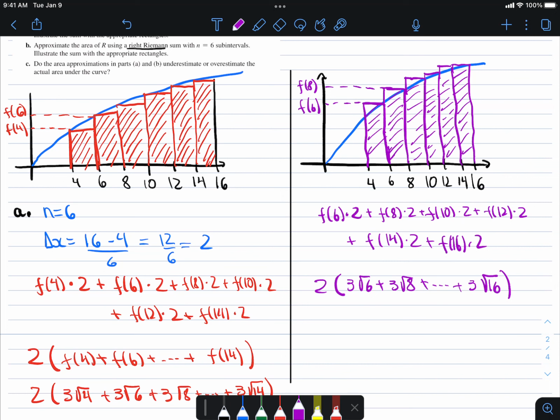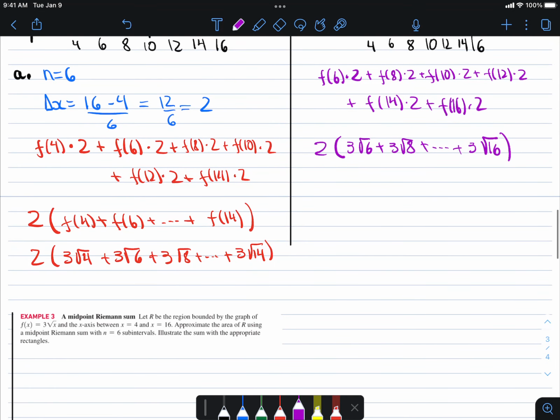Actually, not under or over, but increasing or decreasing, right? If the blue graph is decreasing, so maybe a graph like this, right? Then the left one is an overestimate and the right one is an underestimate. That's what determines which one does which.